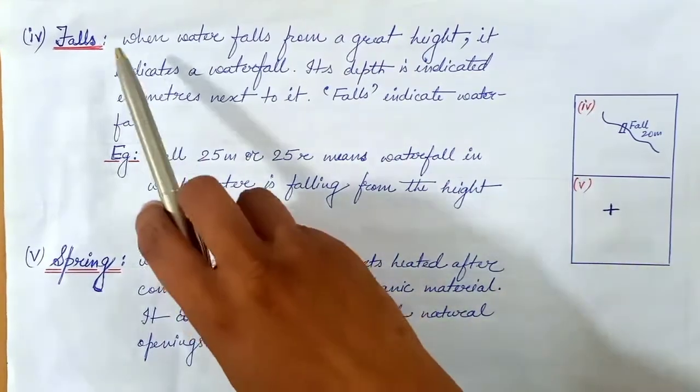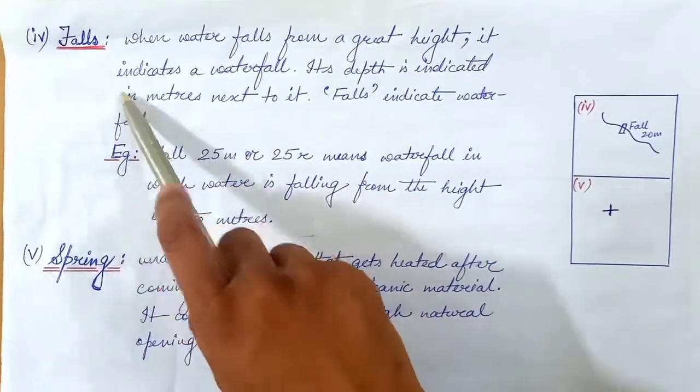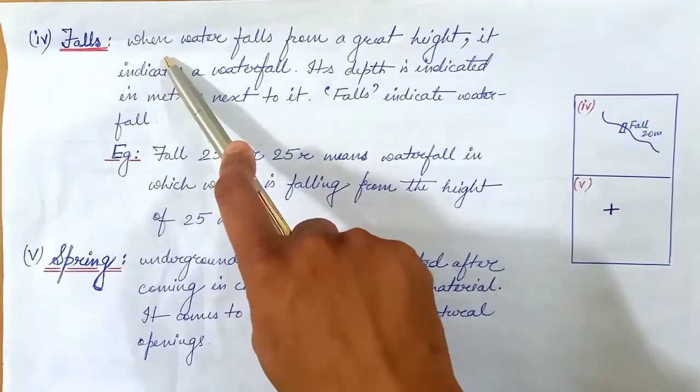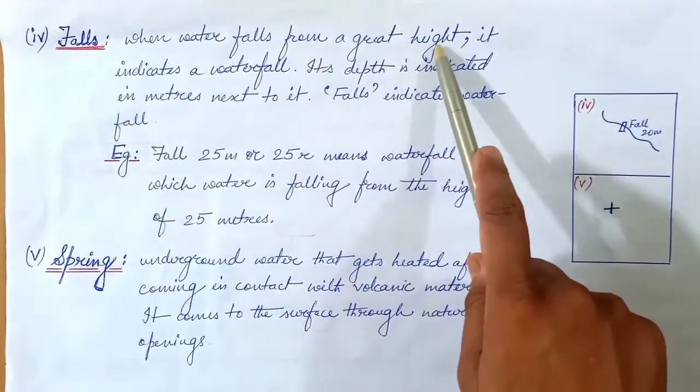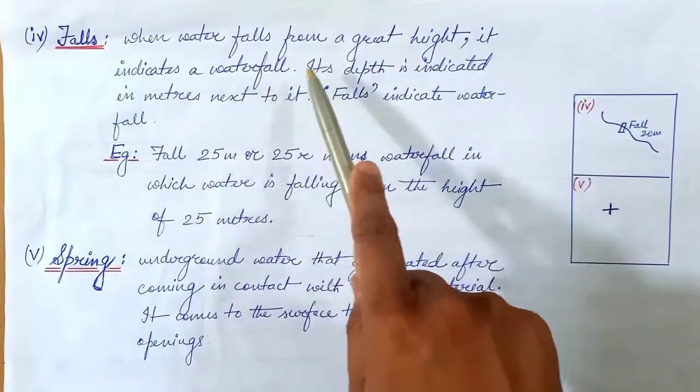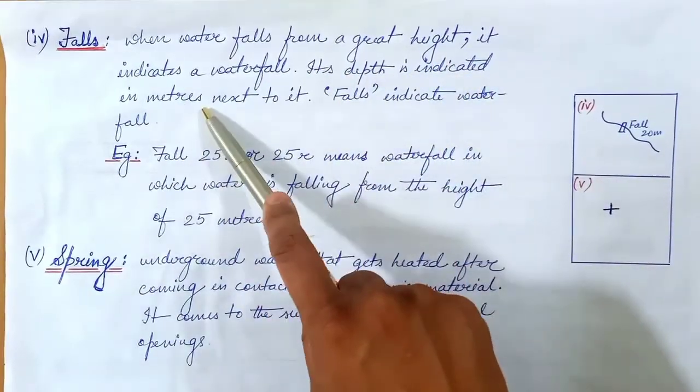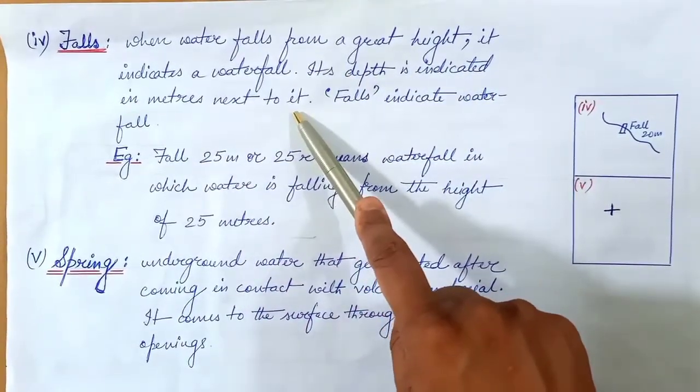Next in the list is waterfall. A waterfall is formed when water falls from a great height. It indicates a waterfall. Its depth is indicated in meters next to it.